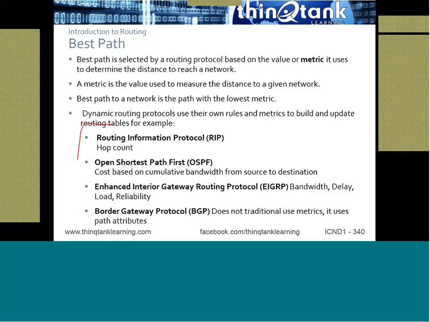These are the protocols that we're going to be talking about throughout the rest of today: RIP, the Routing Information Protocol, OSPF, Open Shortest Path First, EIGRP, the Enhanced Interior Gateway Routing Protocol, and BGP, the Border Gateway Protocol. As you can see, every single one of these protocols has a different way of calculating the best path. RIP uses hop count.